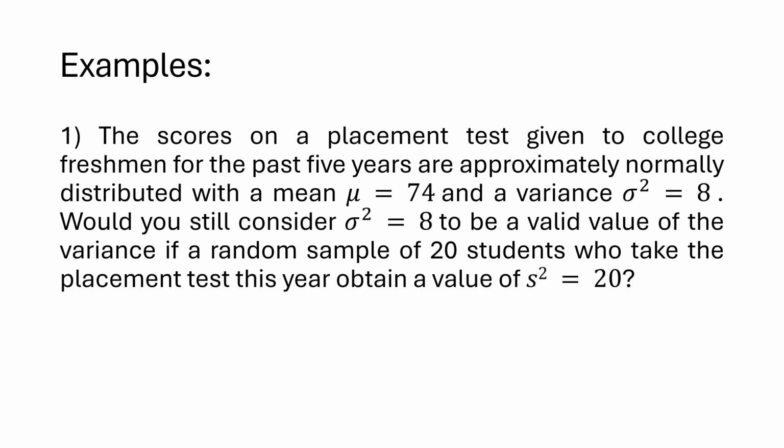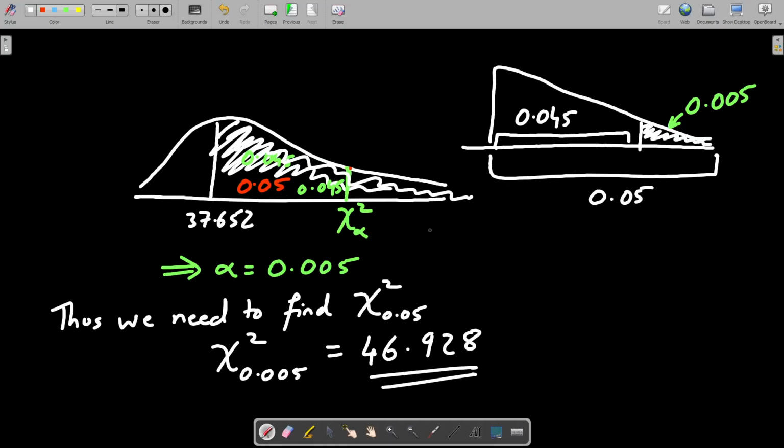So the claim was the variance was 8, but now they have taken a sample and found the variance is 20. So is this correct? Is the original variance of 8 a correct claim or is there some mistake in that calculation? Okay, so let us solve this problem.